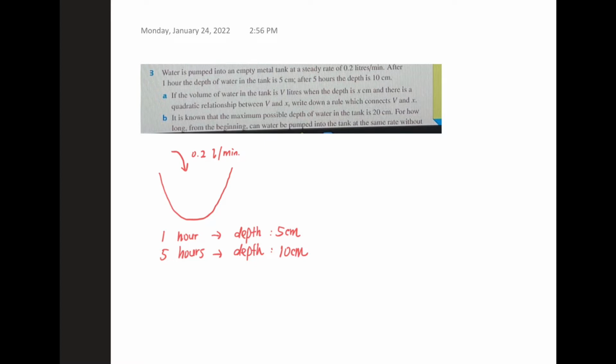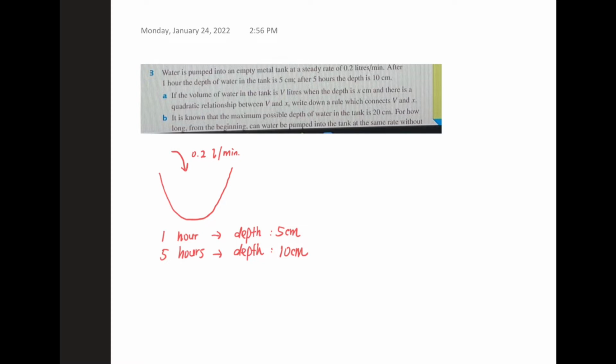The depth increased quickly at the beginning, then increased slowly. As you can see, 5 hours 10 cm, 1 hour already 5 cm. So the depth increased slowly at the end, meaning the water tank should be very big after they fill up a particular part. No matter the shape of the water tank, we just need to solve it in this way.